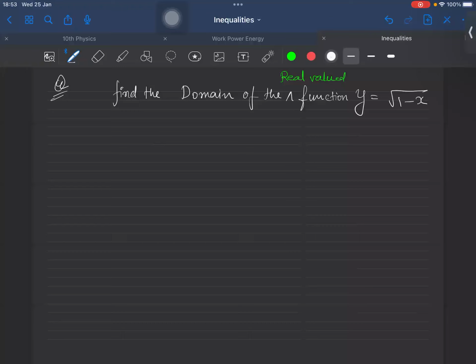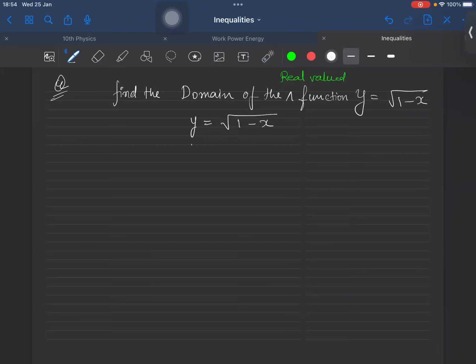Okay. See, we need to define this function, right? The function given is y equal to square root of 1 minus x, right? Now, under the square root, if this value is greater than or equal to 0, then only it is defined, right? If it is negative, it will not be defined.